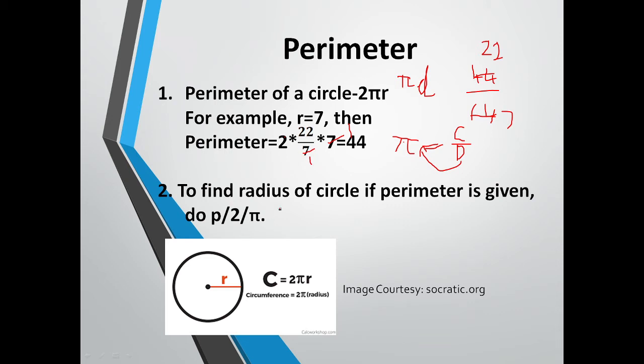And then we will divide 22 by pi, so it will become 22 into 7 by 22, so these both cancel out, 1 1, and we get 7. So circumference equals 2 pi r.